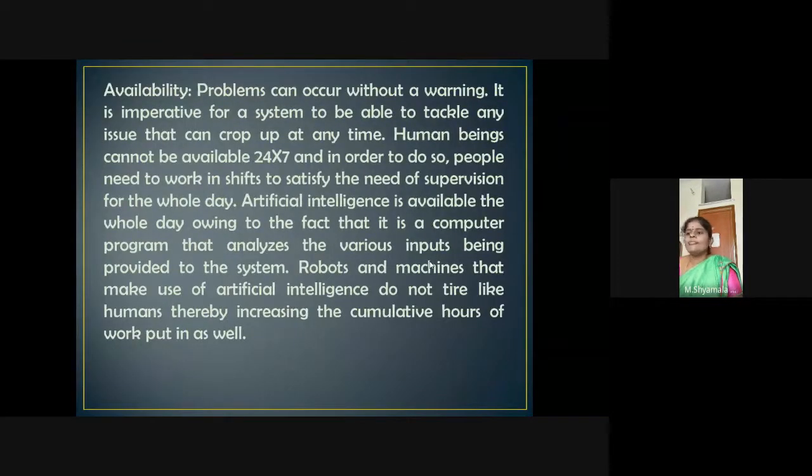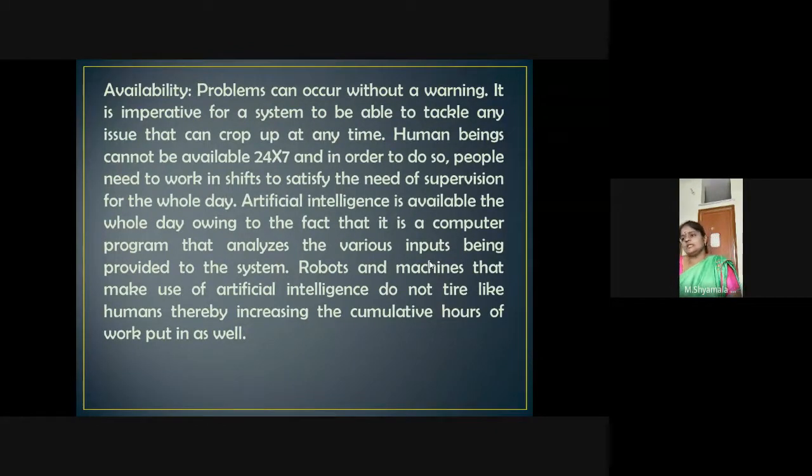Next up, availability. Problems can occur without warning, so it is imperative for a system to be able to tackle any issue that can crop up at any time. Human beings cannot be available 24/7, and in order to do so, people need to work in shifts to satisfy the need of supervision for a whole day.